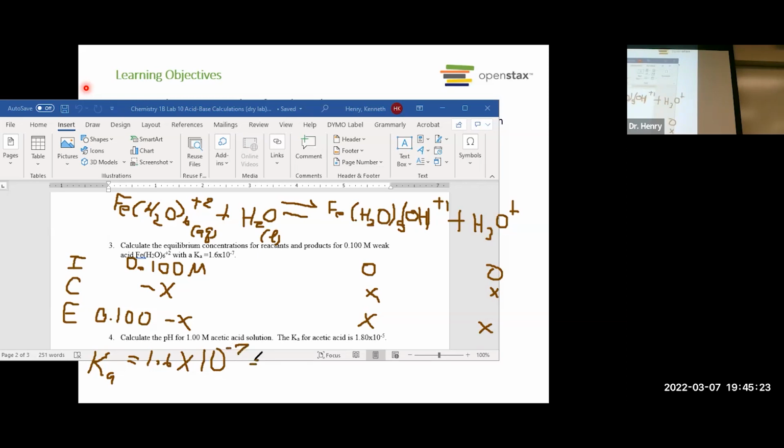And that's going to equal, what is our expression? Products over reactants, so help me out. Fe(H2O)6, OH times H3O.